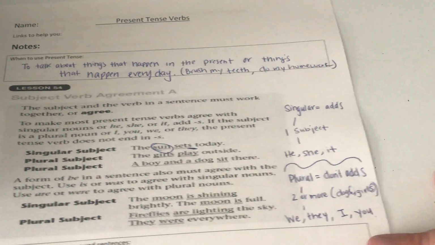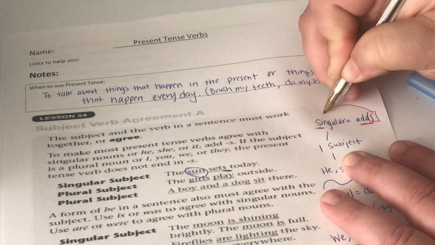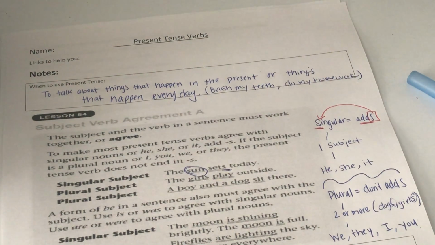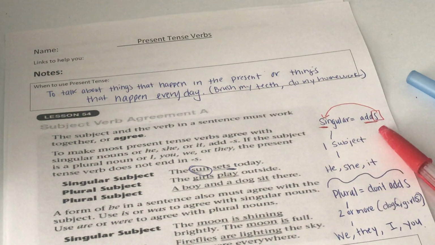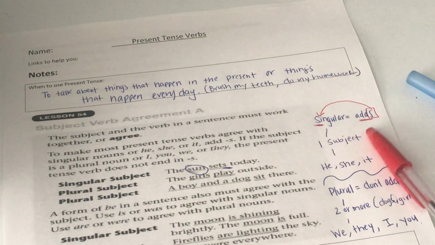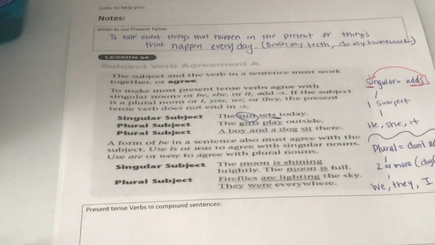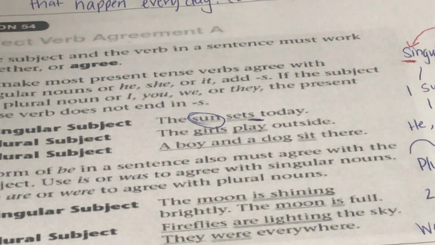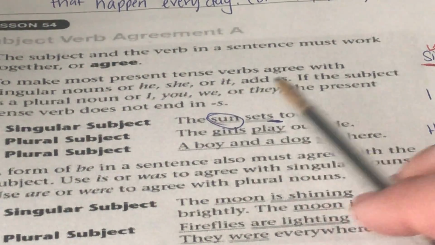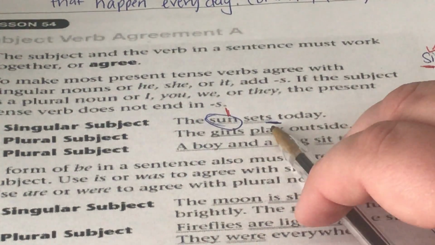So let's look at some examples. Also, I want to point out before we move on, singular, add S. S for singular. Singular subject, add S to the verb. So let's look back at these examples. I have the sun, this is only one, so it's singular, sets.